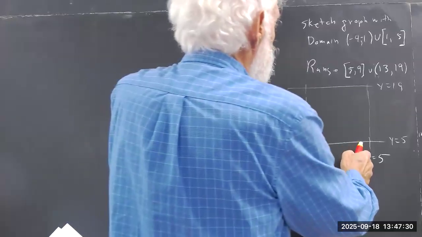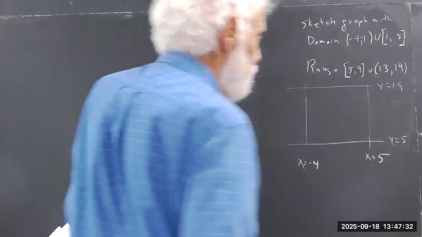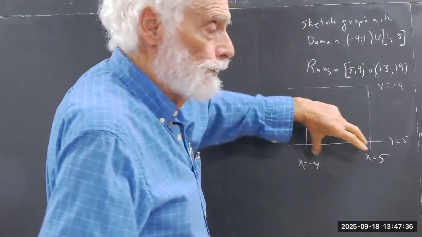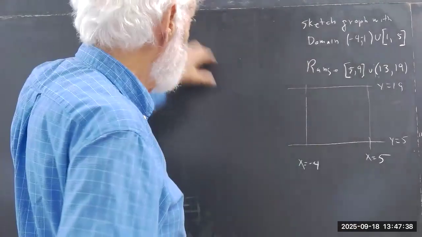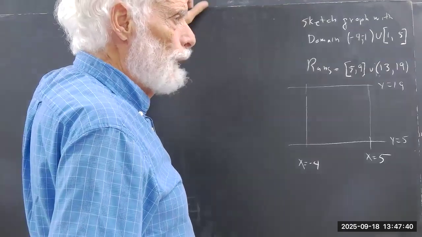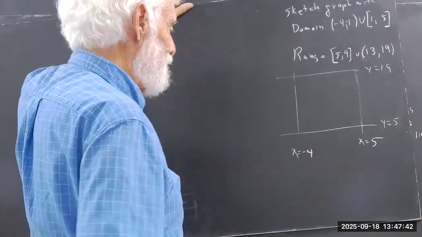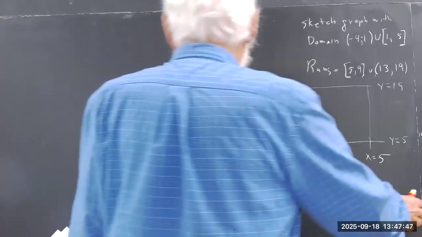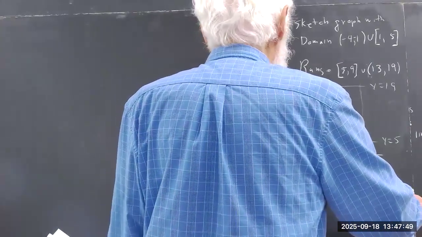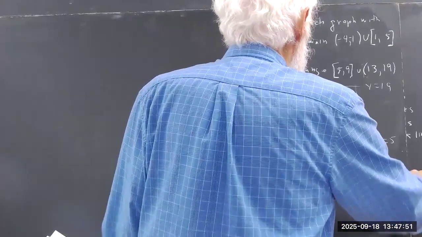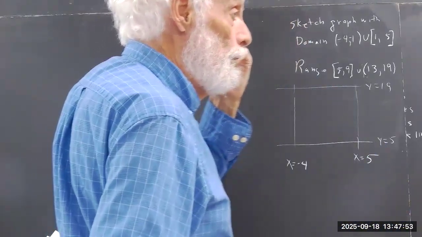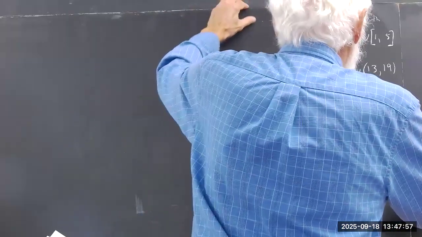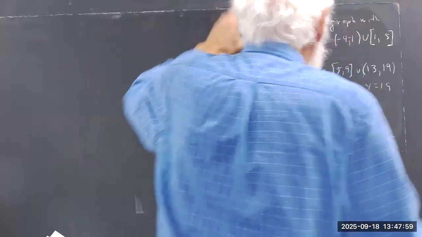Now, this distance is like 9 units and this distance is like 14 units. But the Y distances don't have to be measured on the same scale as the X distances, because for most applications, your Y values and X values can't be represented on the same scale.